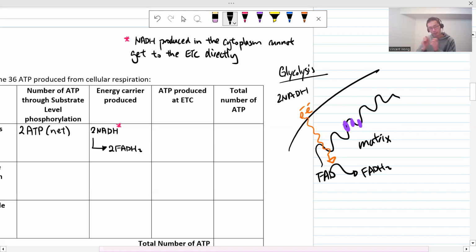Not converted, but the energy is transferred to FADH2. And so when this goes to the ETC, we multiply by 2, so only 4 ATP. And at the ETC, it's through oxidative phosphorylation, right?